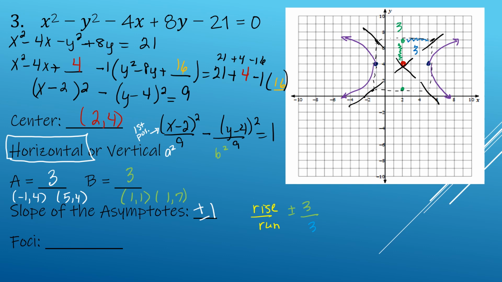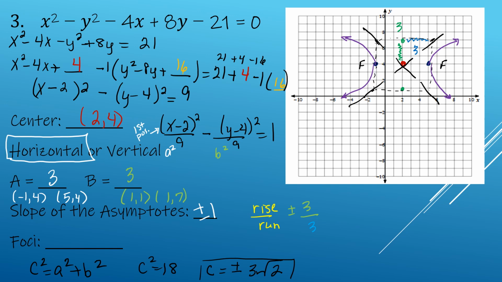And last but not least, to plot our foci, we need to use our equation c squared equals a squared plus b squared. And when I add 9 plus 9, I'll get 18. And when we take the square root of 18, we will get both positive and negative 3 square root 2. This value, remember, is our distance we travel from the center out to plot a foci point, whether they are left and right for horizontal or up and down for vertical.